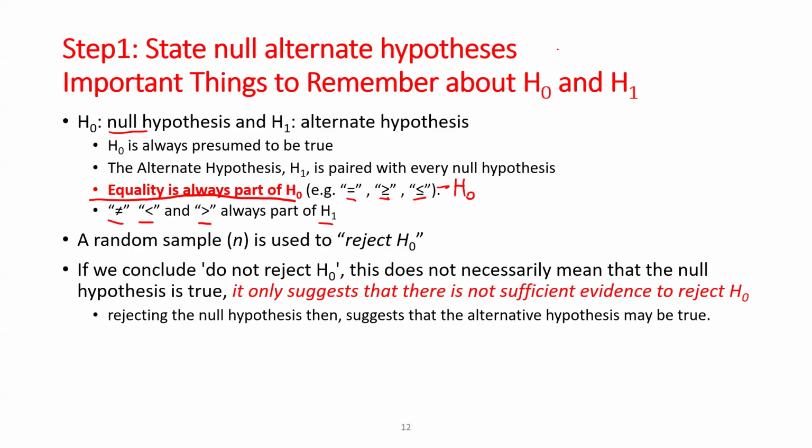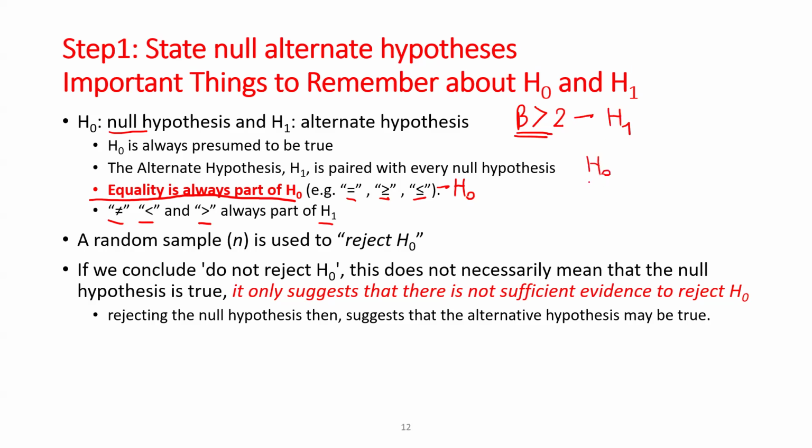For example, if I would like to test that beta is greater than 2 or not. Greater than has no equal sign, no equal sign, so this must go to H1.